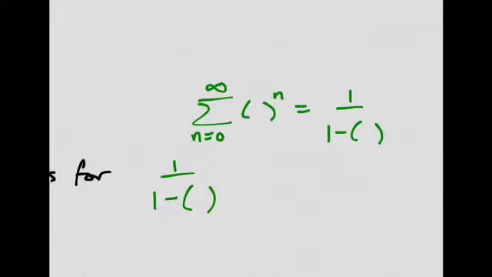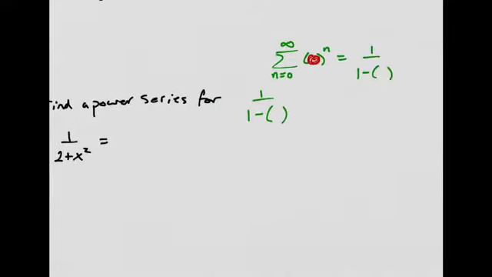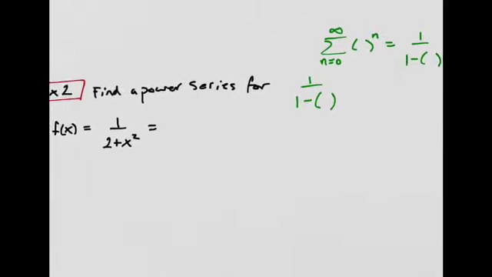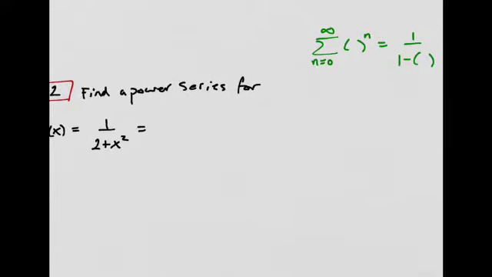That's what I'm looking for. Something on the inside there, because those things are missing. So if I can get it to look like this, then I can immediately make it into a power series. That's my goal. So that's always going to be in the back of my head.